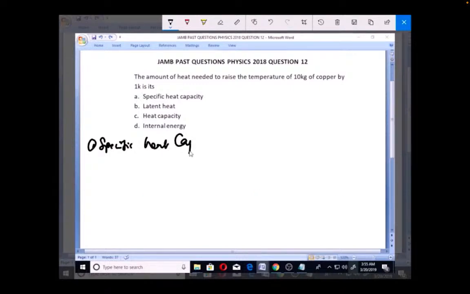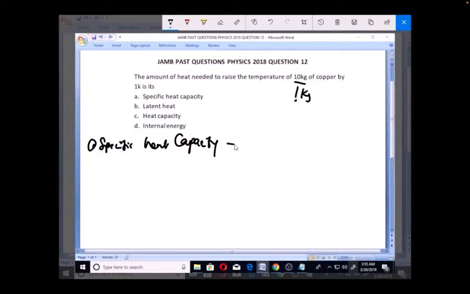Now, whenever you hear the word specific, you're considering 1 kilogram. Here we have 10 kilograms. And even if we have 1 kilogram, you know we are talking about specific heat. So this definition still holds true for specific heat, but in this case we're having 1 kg.